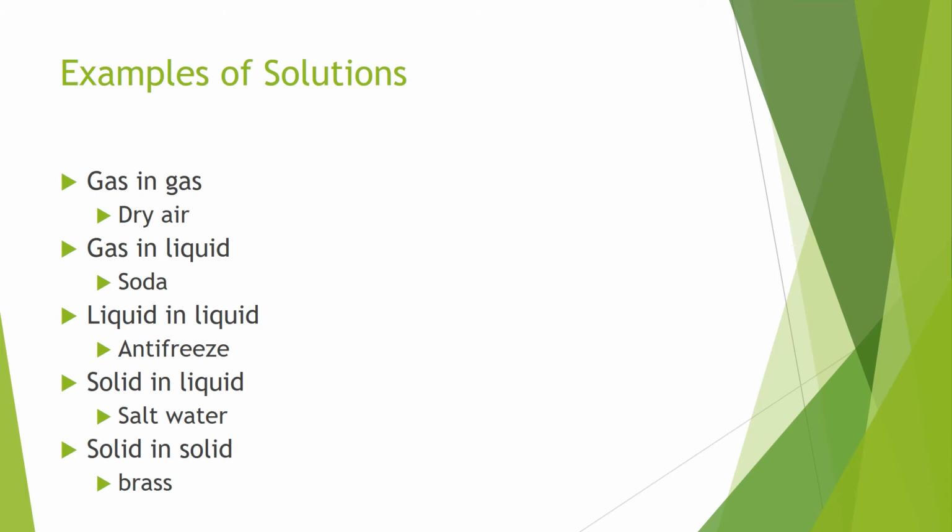Some examples of solutions. We have different types, and it's not always just solids dissolving in liquids. There's different kinds with our different states of matter. One is a gas in gas solution. Dry air is a gas in gas solution. We have so many different types of gases inside of our atmosphere.